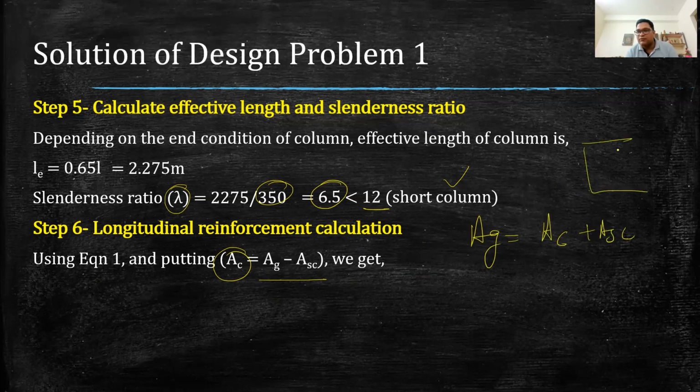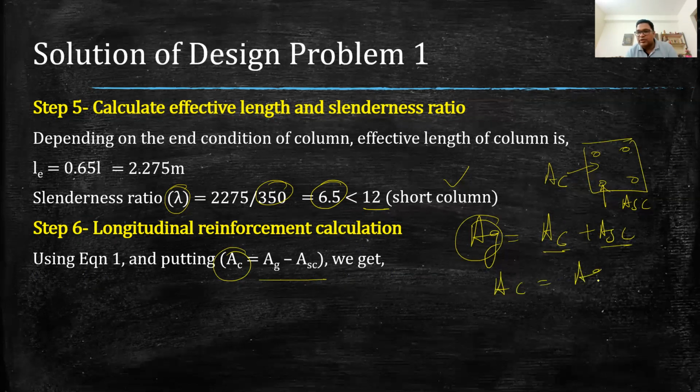In this, if you see, this is the column and it comprises the steel and the concrete as well. So this is Ac and this is Asc. So the total area of column will be the sum of Ac and Asc. So we can write Ac is equal to Ag minus Asc.